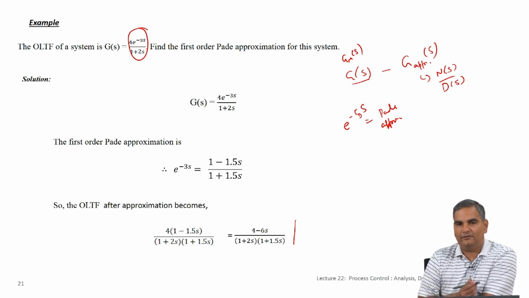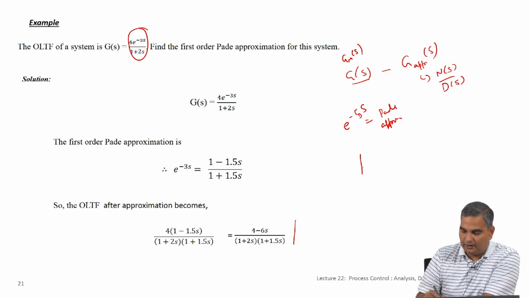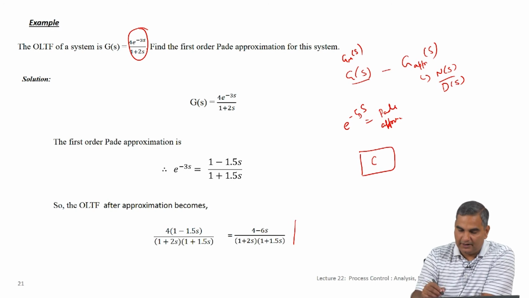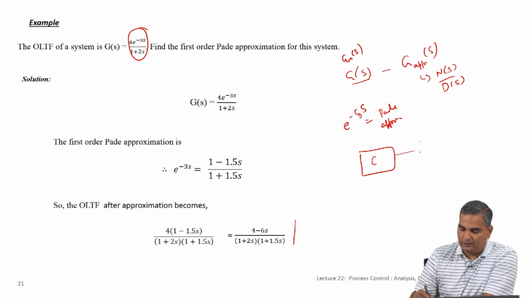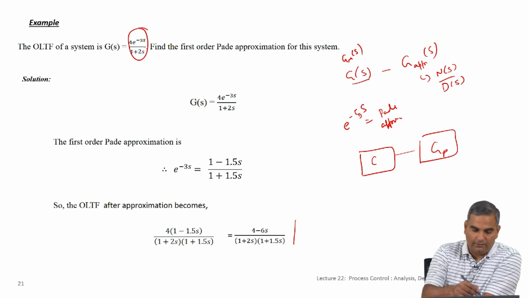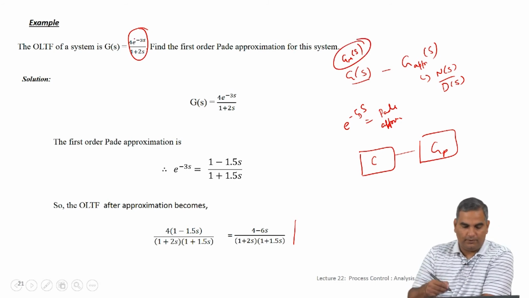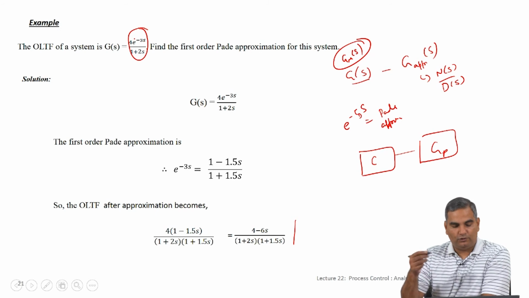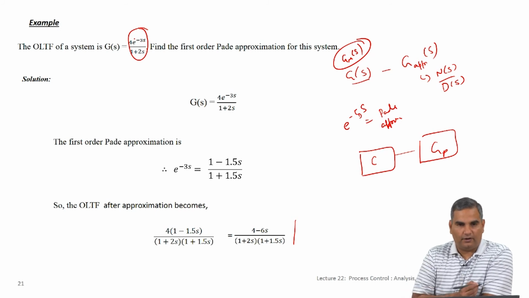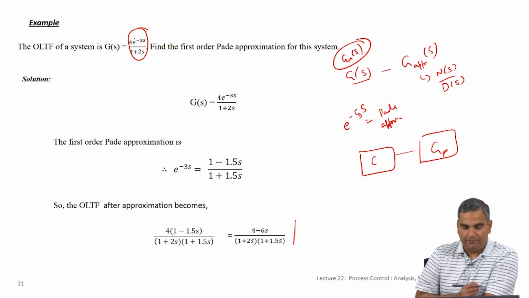Okay. So, once you have that controller, then if you want to analyze it for a true process, then you have to actually say in the control loop, I have a controller which is derived based on a model for which I got an approximation based on Pade approximation, and then actually the GP could even be slightly different from the original model that you took. Okay. So, it could be 4 times e power minus 2.5 s. So, you kind of wrongly estimated the delay, let us say.